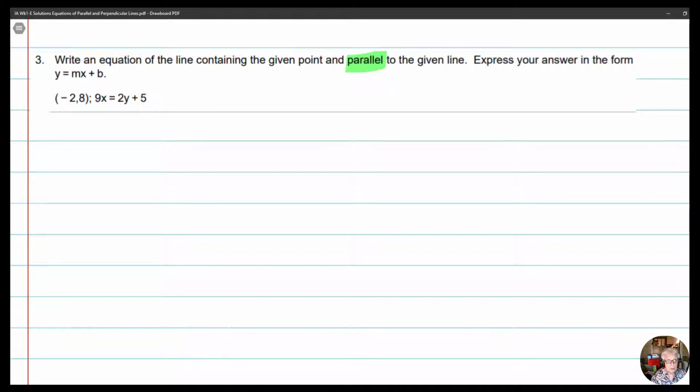So, I'm going to do this backwards. 9x equals 2y plus 5. I'm going to subtract 5 from both sides of the equation. 5 minus 5 is 0.